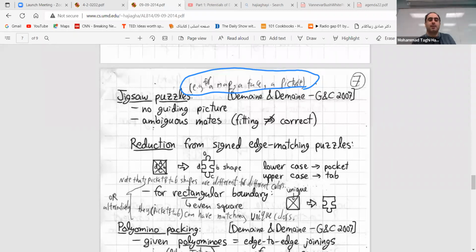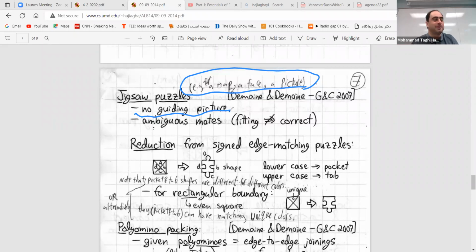Yeah, so that's the interesting thing. And in this case, the size can become big, this parameter n that we are talking about. Here, we are assuming there is no guiding picture. That's actually very important. My children are playing this, and I said, actually look at the guide, because that can help you where you should put the pieces.